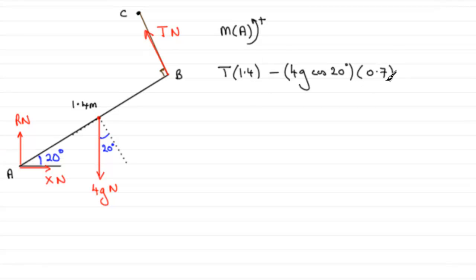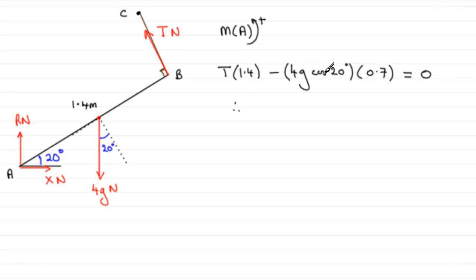So this is the resultant moment of the rod about A. But we know it's in equilibrium, so that resultant moment should equal 0. Okay, so it's just a simple case of rearranging this equation for T, and we'll take g as 9.8.